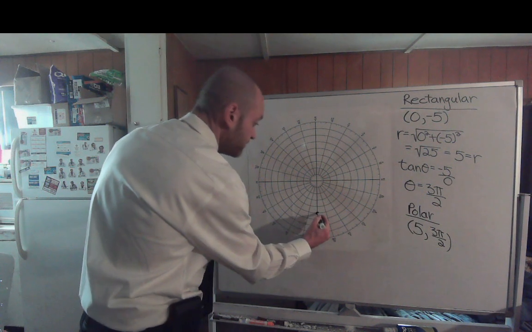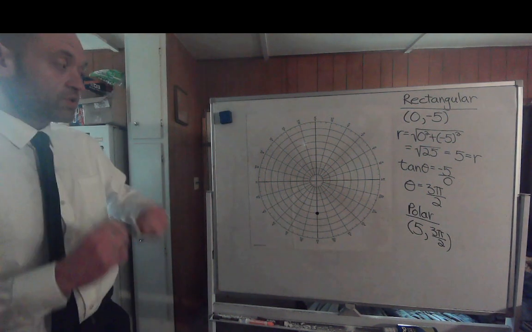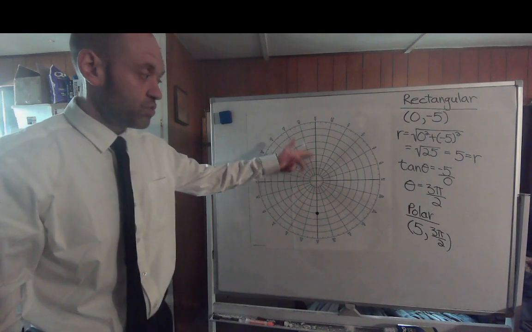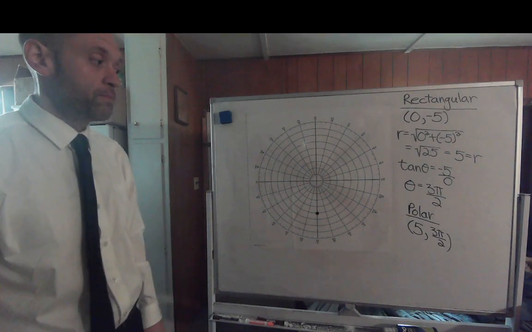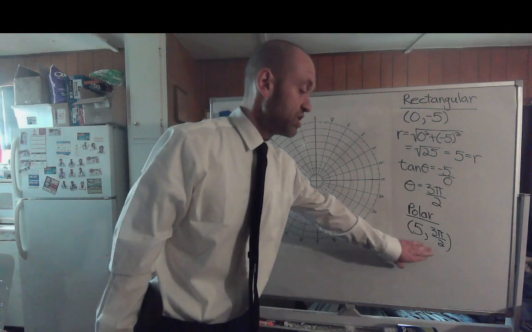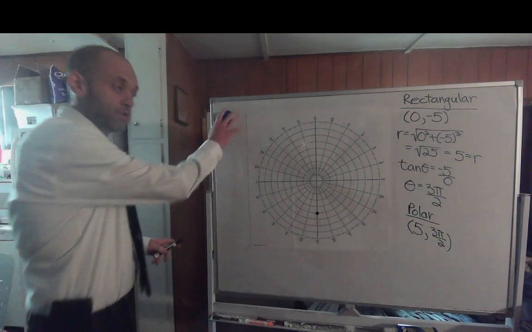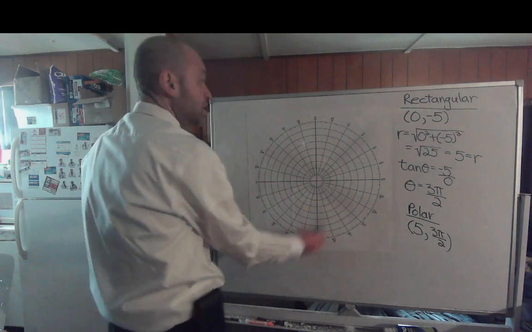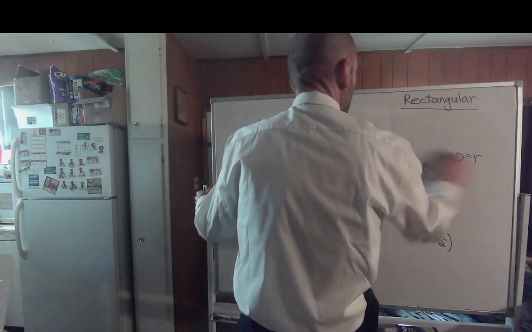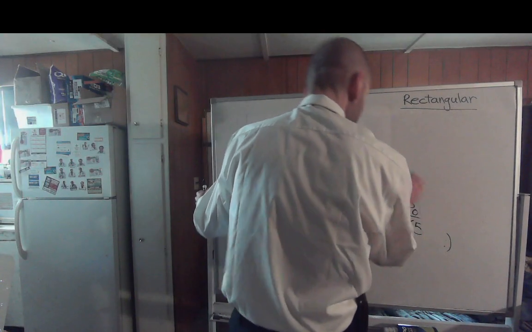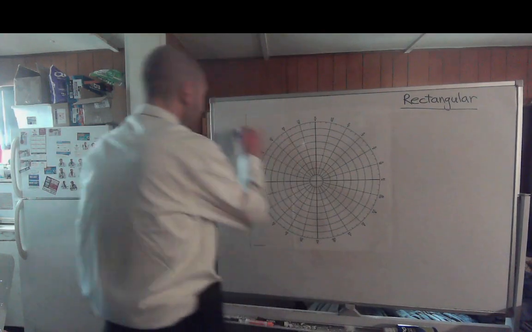That is the point 5, 3 pi over 2. And you notice you're down in the same spot as you would be in rectangular, along the negative y-axis. So the polar equivalent is going to be 5, 3 pi over 2. All right, one more of these, then we're going to work backwards.